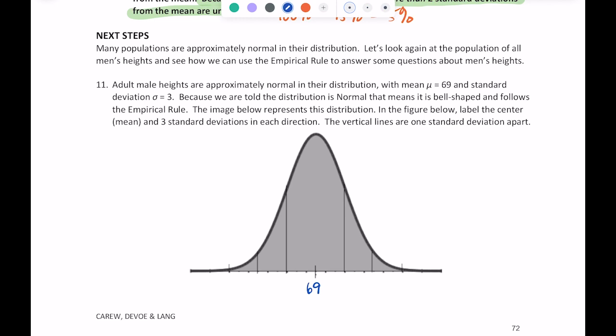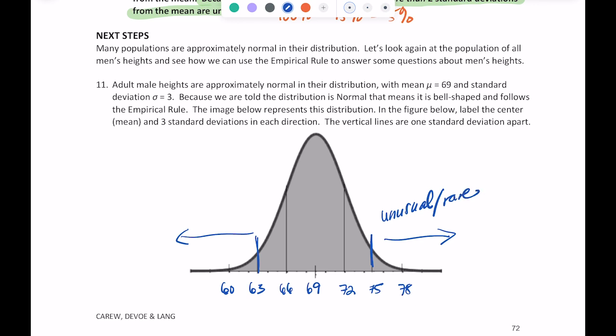So 69 plus 3 gives us 72 inches, plus 3 is 75 inches, plus 3 is 78 inches. And then 69 minus 3 is 66 inches, minus 3 is 63 inches, and then minus 3 is 60 inches. So again, anything outside of the 95%, so anywhere this way or this way, is considered unusual or rare to find a height of that size.